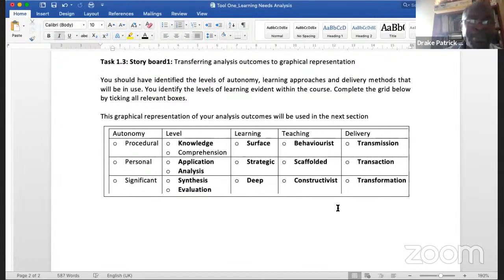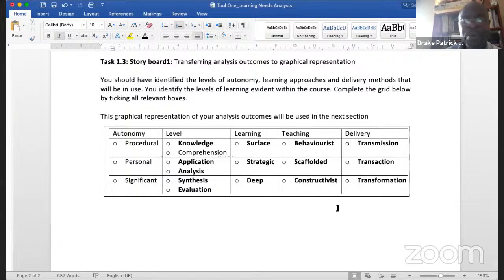That presentation is a bit of procedure, focusing on delivery of facts and knowledge so that the learners are aware of certain basic concepts. That leads to surface learning, and largely the teaching method is behavioristic, and the delivery mechanism is transmission.